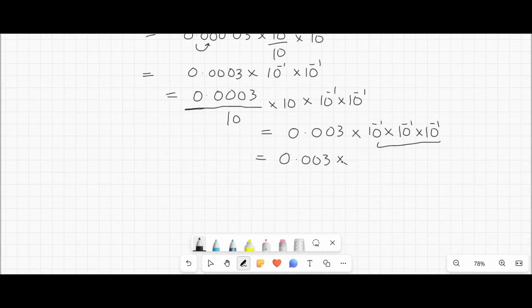When you add these negatives, minus 1, minus 1, minus 1, you will get negative 3. But our number is not in standard form. Let's convert it now.